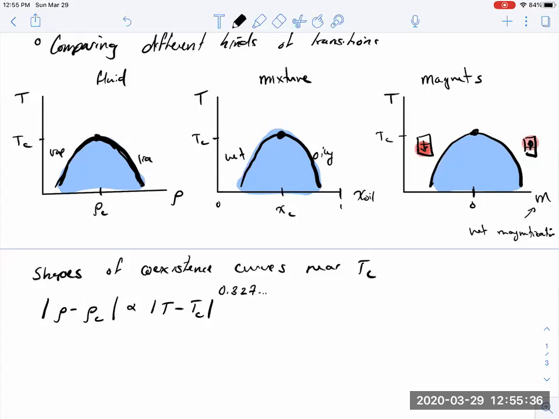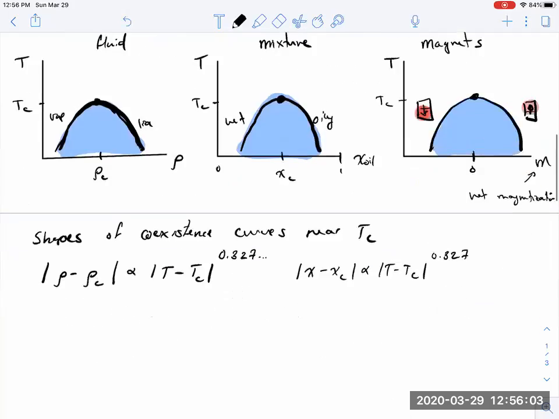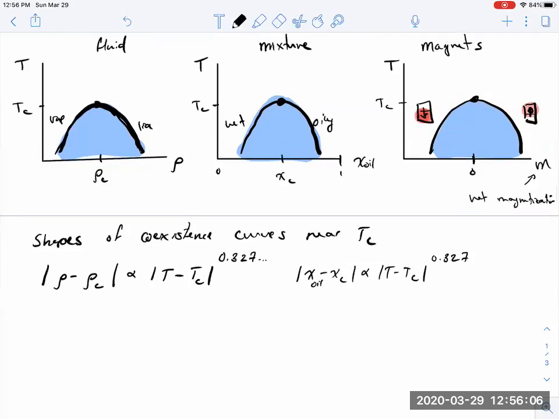But if I look at mixtures, and I look at the mole fraction of one of the phases less than its critical composition, as I tune the temperature, well, that too can be measured. The shape of that coexistence curve can be traced out, and it too goes like a power of 0.327, exactly the same as what you'd find for a molecular fluid undergoing a liquid-vapor transition.